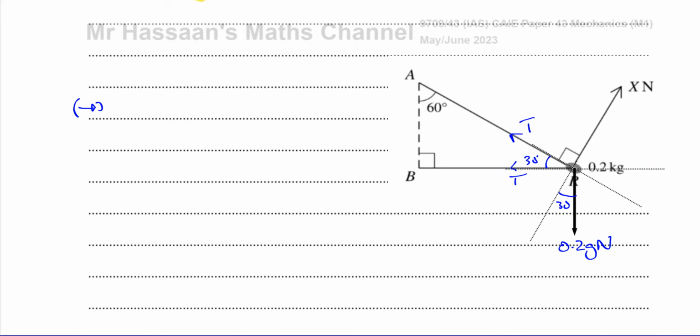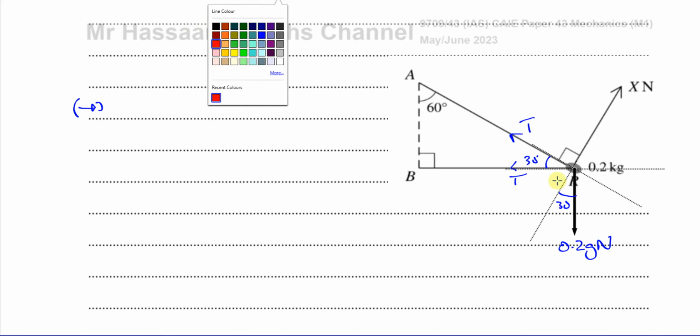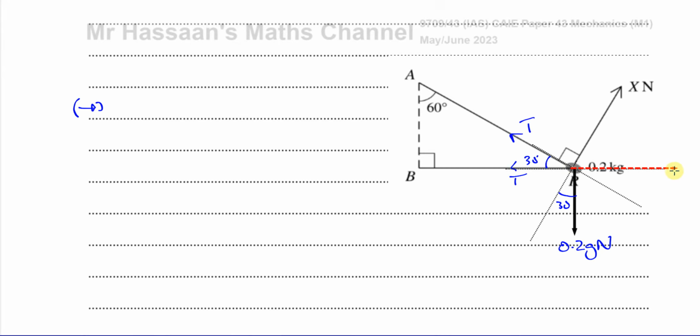We have this x is going to be resolved in this direction over here. Now this angle is 60, this is also 60, so this is going to go in that direction over there, and the weight is vertically down, so that won't have an effect in this direction, and the T is already in this direction, and this T has to be resolved here.